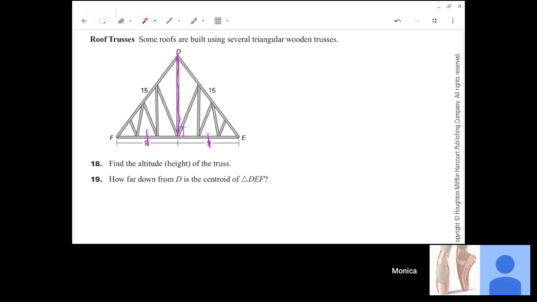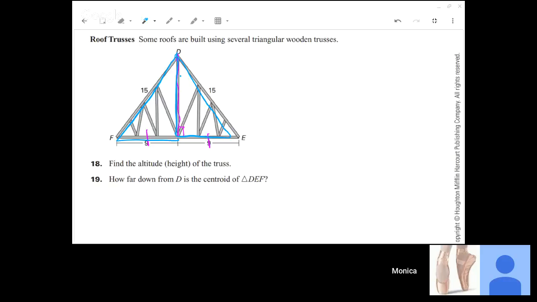It's a bisector, and it comes from angle D down, okay? So it's going to be meeting at a perpendicular angle or a 90-degree angle. So what we have now is two right triangles.